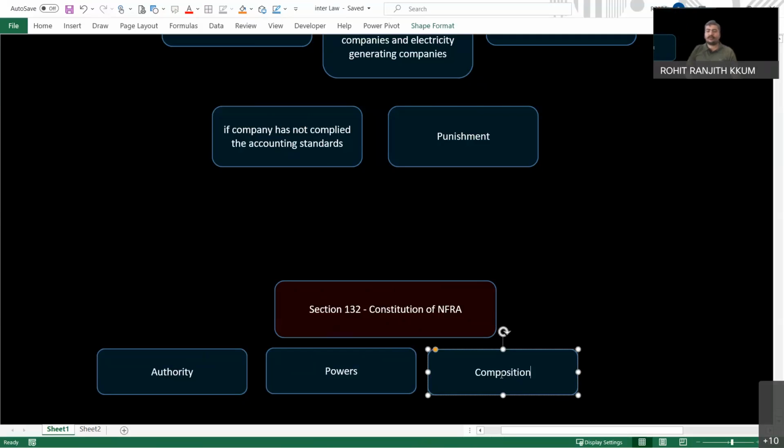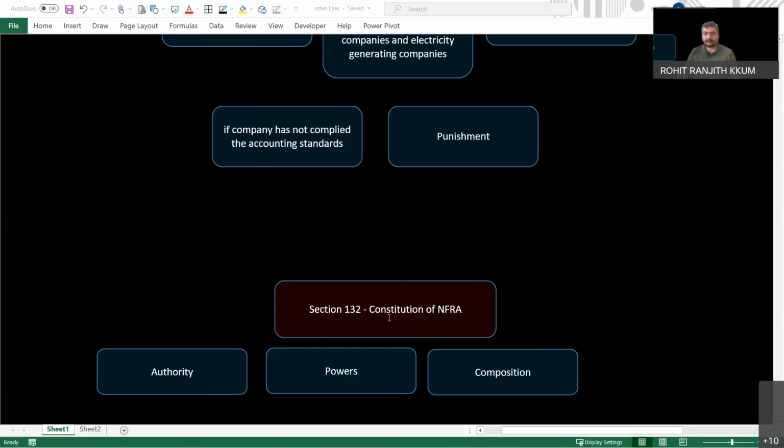This is the composition of the DPS department of Christ University, right? So when I talk about the composition, that means what kind of people are involved in this NFRA: chairman, president, members, what is the number, and so on. Okay?